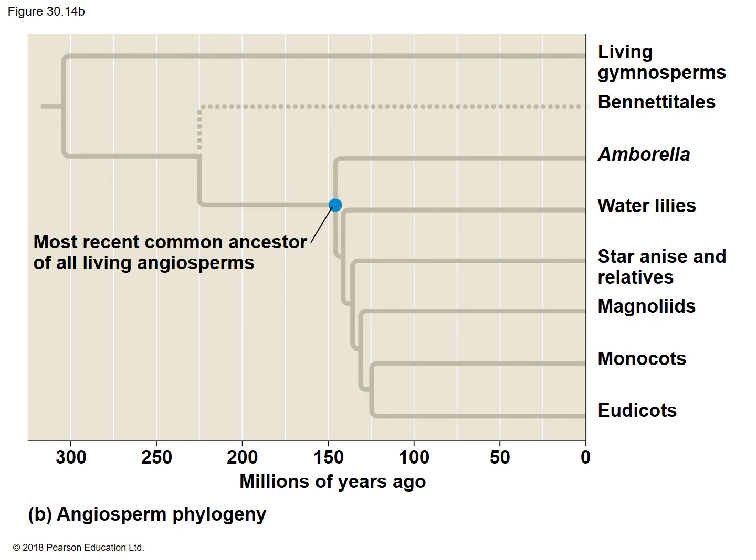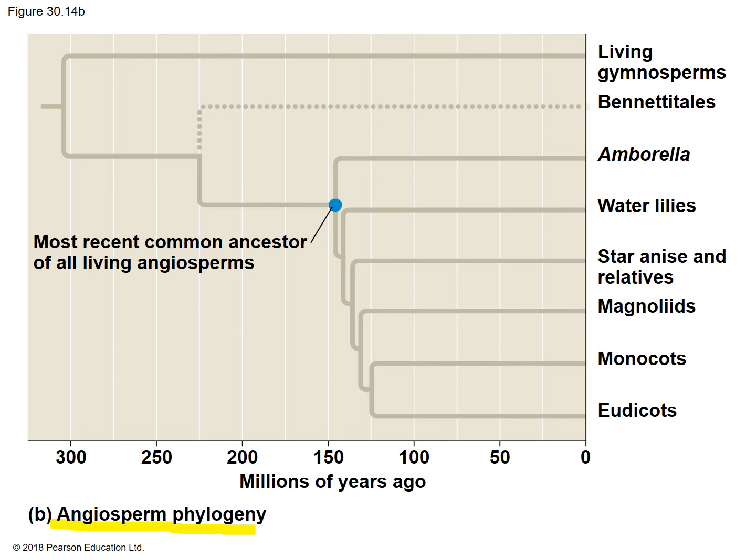This figure shows angiosperm phylogeny. The tree represents a current hypothesis of angiosperm evolutionary relationships based on morphological and molecular evidence, DNA analysis. Angiosperms originated about 140 million years ago.